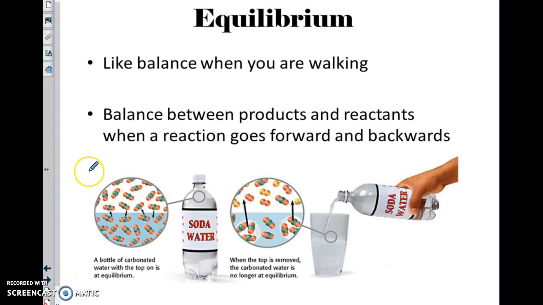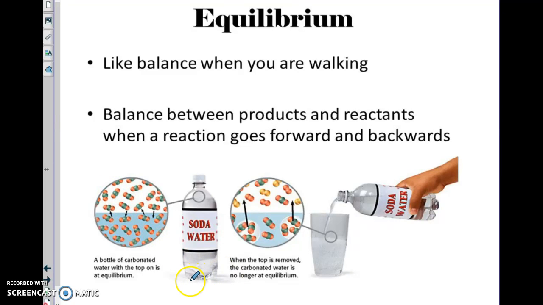We say that a system is at equilibrium when the products and the reactants are no longer changing. So the rate at which they are going back and forth remains constant. And I'm hoping with the lab where you put water back and forth that you learned what equilibrium was and got a good example of that.